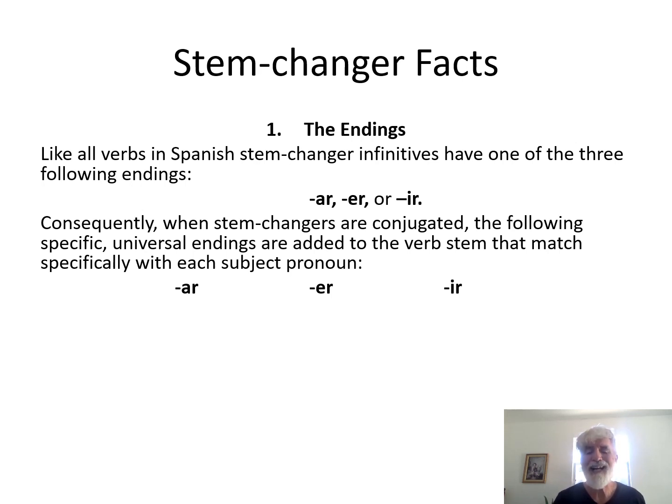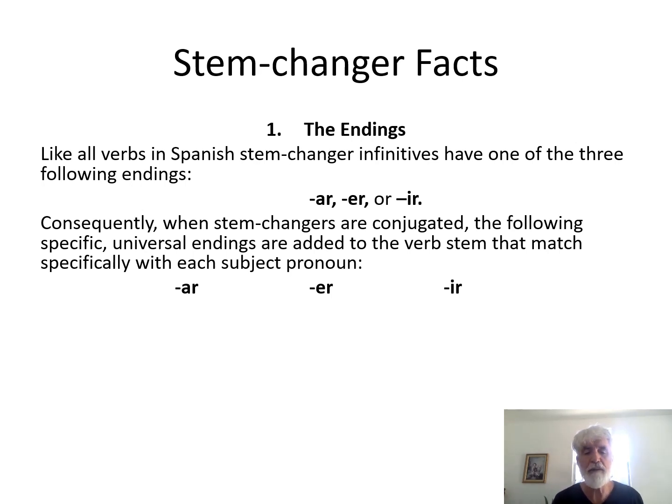Well, when we go to conjugate these verbs in the present tense, they're going to have universal, never changing endings depending upon the subject pronoun. Okay, so stem changers are going to have the same endings as regular verbs.